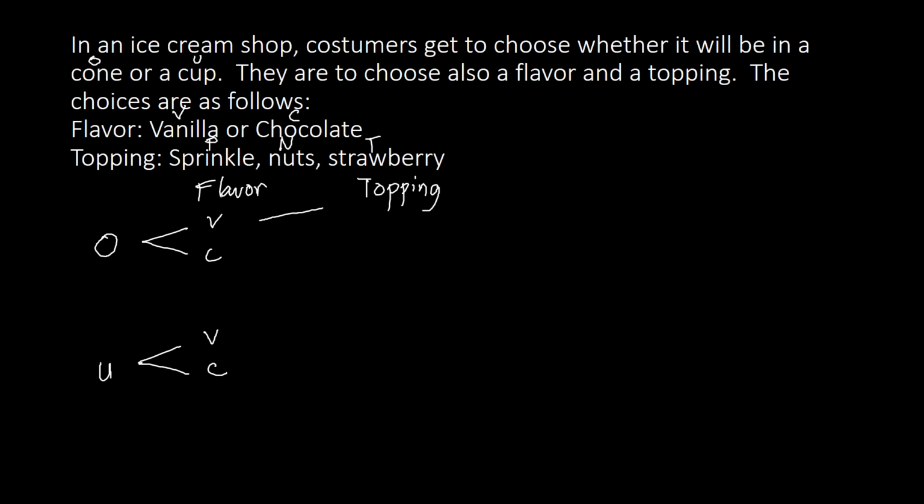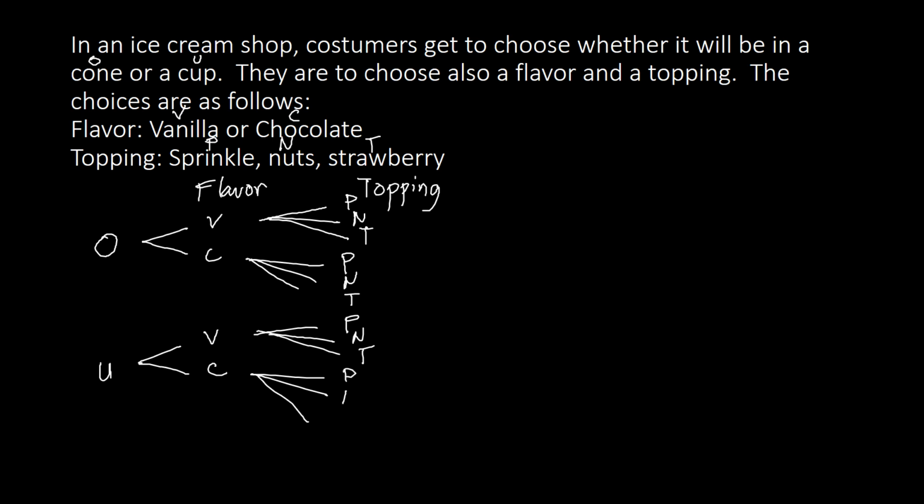So we have 1, 2, 3. So we will be extending 3 branches on each of these because we have 3 choices. So we have P, N, T. This one also will be P, N, T. Next option here, we have 3 still, P, N, T. Next one, we also have 3 here. That's another P, N, T.